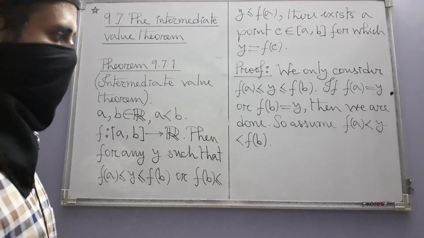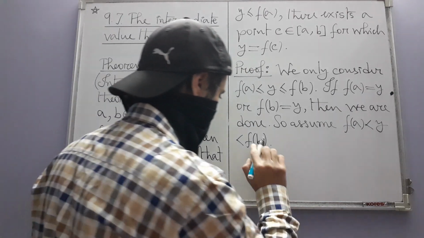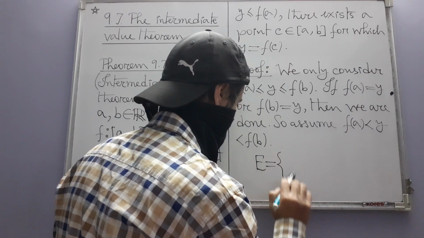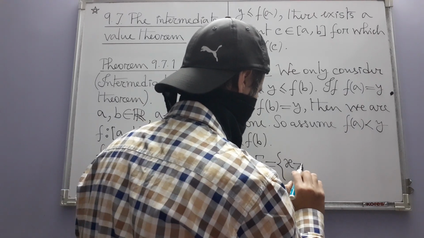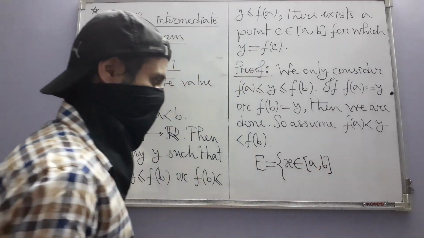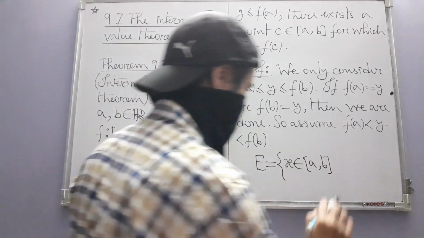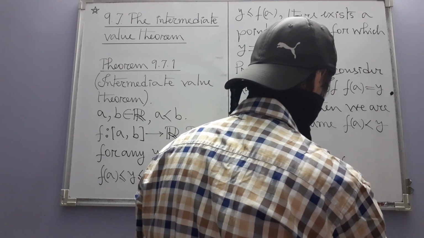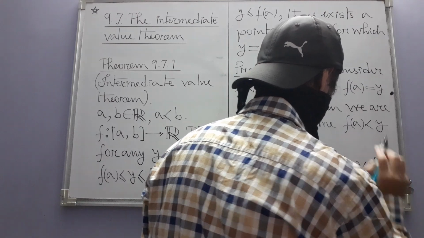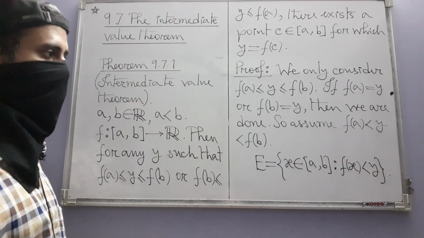Now next we are going to consider this set E. It is the set of all real numbers x lying in our domain such that f of x is strictly less than that y, our y.